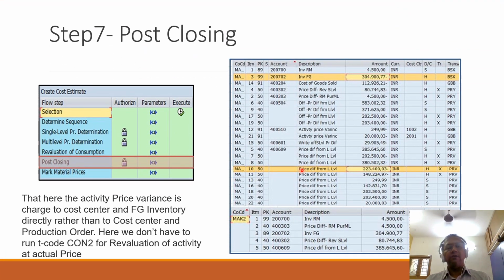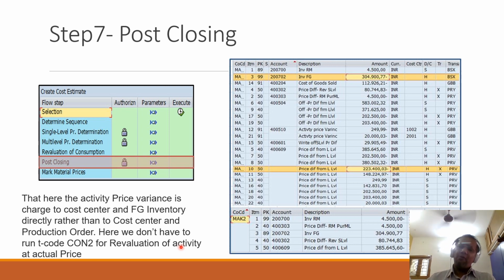Steps posting the calculation. Here, the activity price variance is charged to the cost center, finished goods, directly rather than the cost center production order. We don't have a rerun of the revaluation of that. So when the price variance is charged directly under finished goods rather than the cost center, it is because we don't want to rerun the revaluation of the activity actual prices.